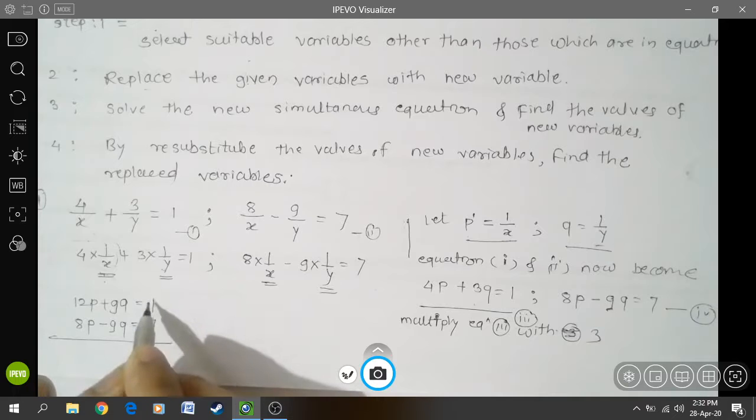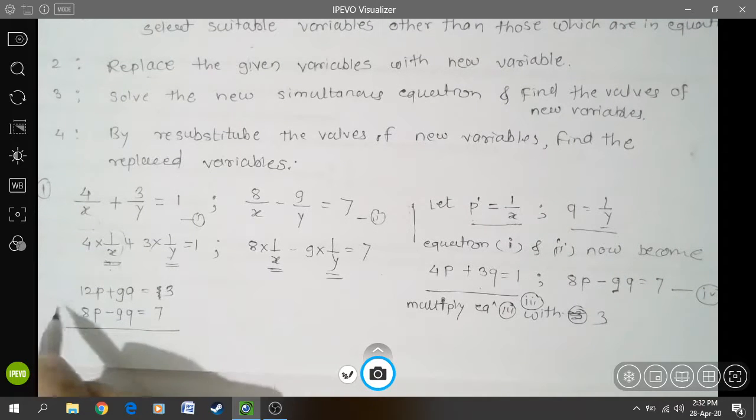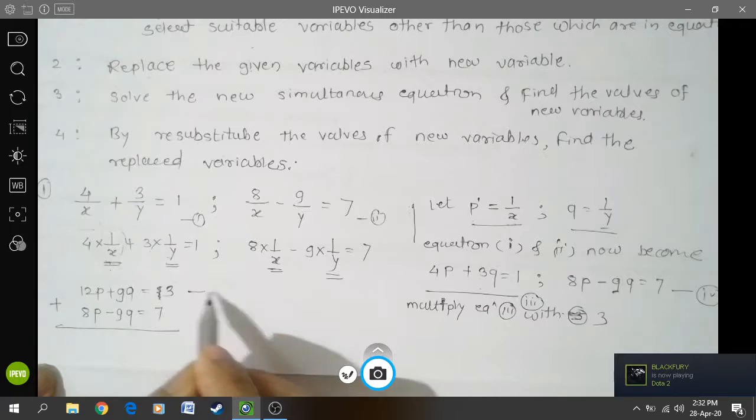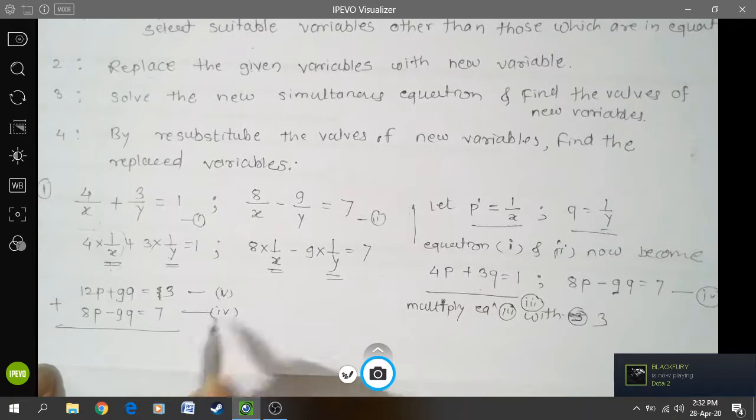The right-hand side also changes. This is equation number 5 and equation number 4.